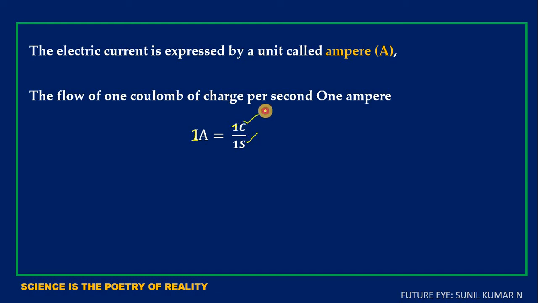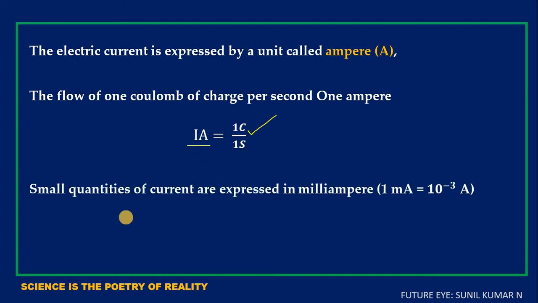If 1 coulomb of charge flows in 1 second, it is called 1 ampere. Understand one more time, children. The flow of 1 coulomb of charge per second, per second meaning for 1 second, is called 1 ampere. This is also very important from the point of view of examination. I repeat one more time, children. If 1 coulomb of charge flows in 1 second, it is called 1 ampere.